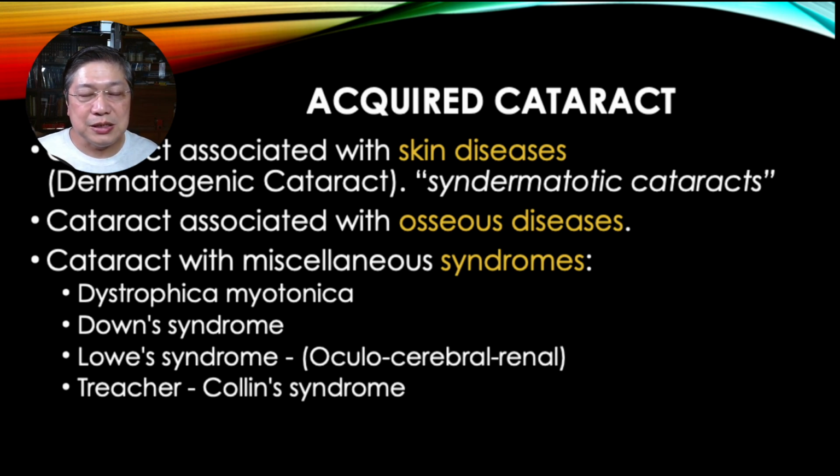Cataracts could also be seen with bone problems or osseous diseases, or as a part of miscellaneous syndromes like dystrophica myotonica, Down syndrome, Lowe syndrome, and Treacher-Collins syndrome. I'll show you later on a picture of a particular cataract associated with dystrophica myotonica, and you will never forget one.